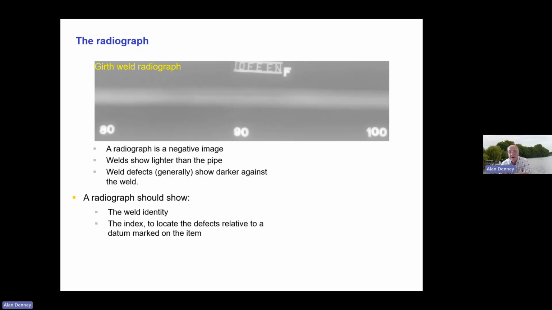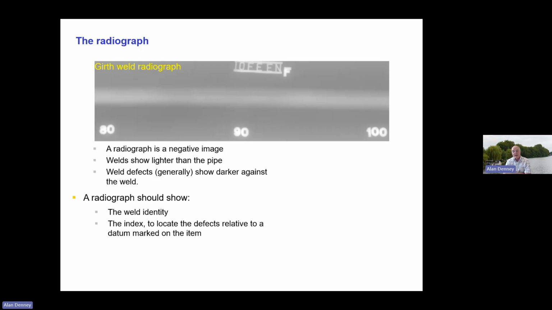If you're looking at a radiograph, you would expect to see, and it's not shown on this particular radiograph, but it should show the weld identity. When you put that radiograph on your viewer, you've got to be able to see what its weld identity is. And then you would expect to see an index. So you've got those numbers there.